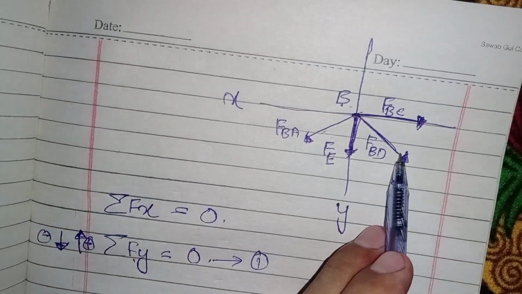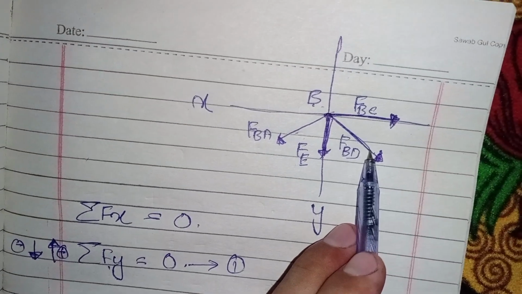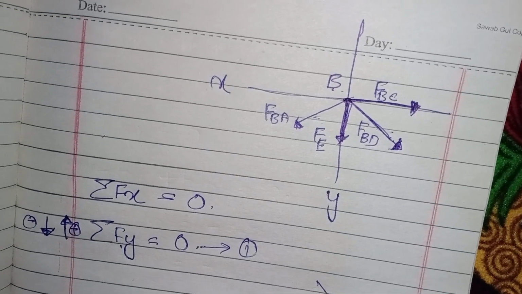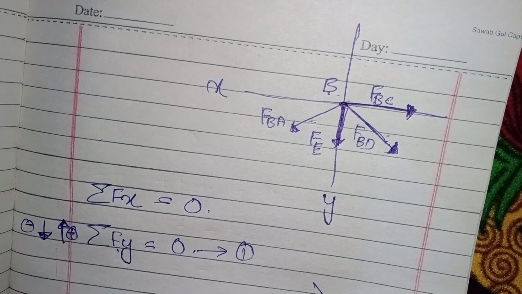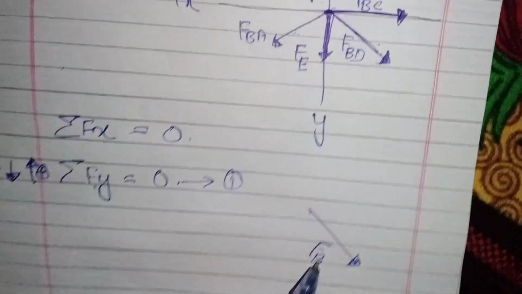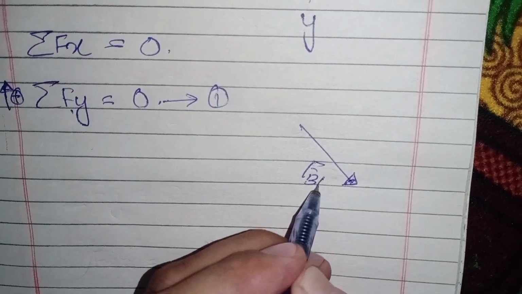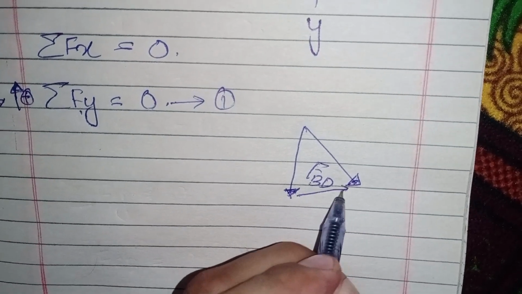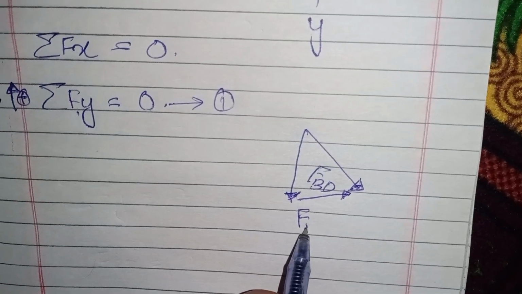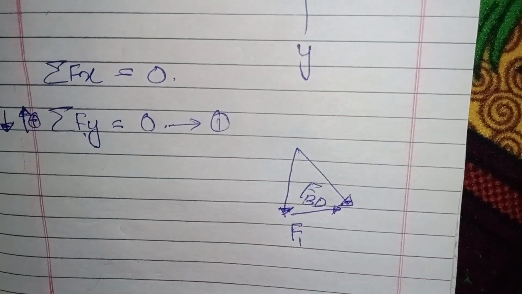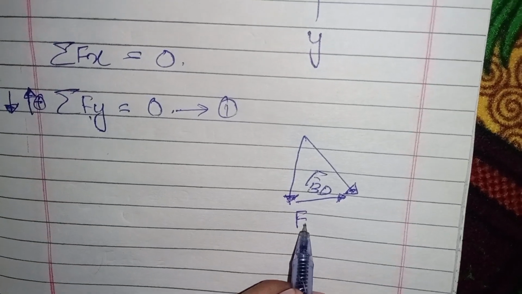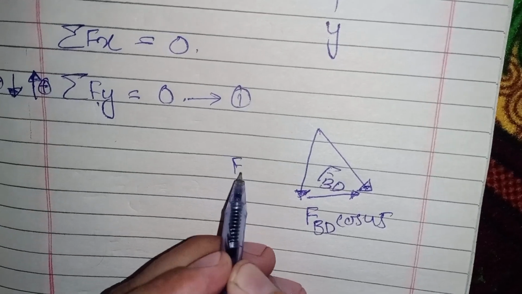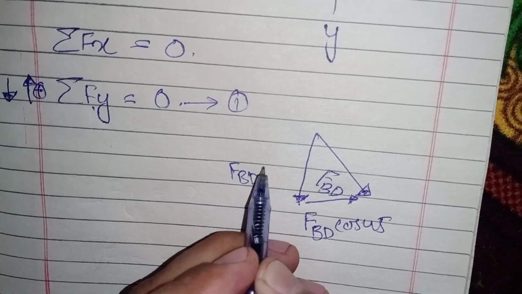So first I want to resolve these two forces into their components. This is my force F_BD, and this is its vertical component and this is its horizontal component: F_BD cos 45, F_BD sin 45.